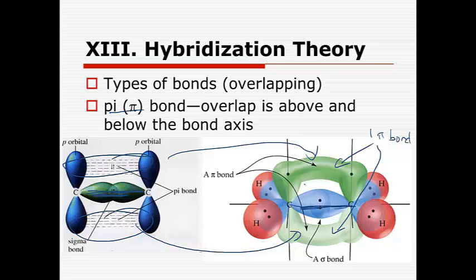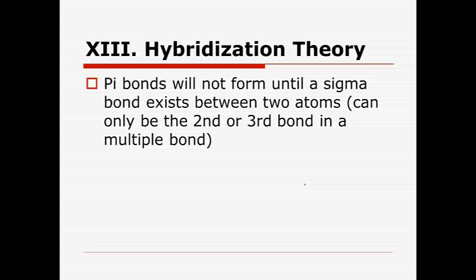This is a sigma bond, the s overlapping with the hybrid, another sigma bond, another sigma bond right there. Pi bonds will not form until you have a sigma bond existing. In other words, you can only get pi bonds when you have double bonds and triple bonds. If it's a single bond, it must be a sigma bond.